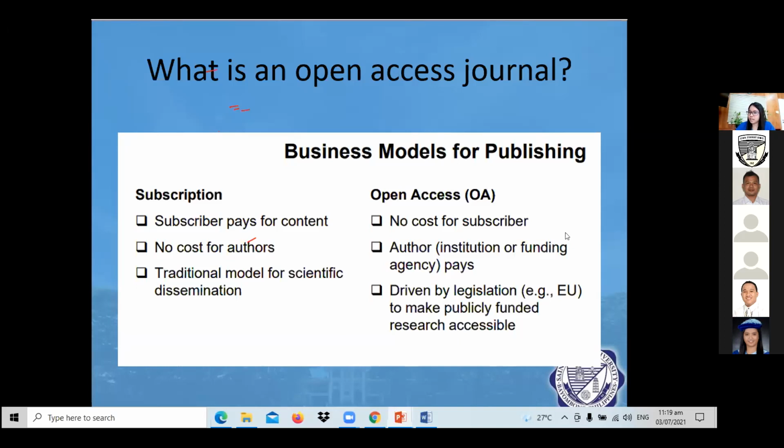And then for open access, the journal, or rather the publisher, does not ask for payment.